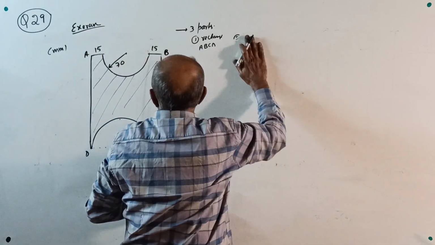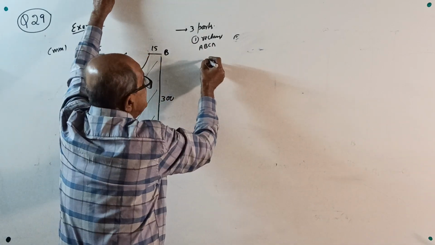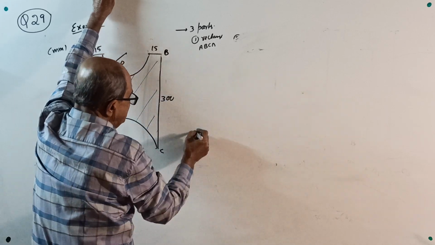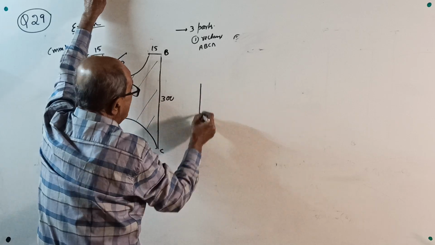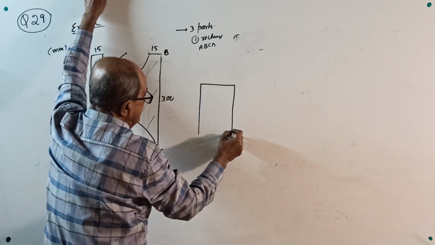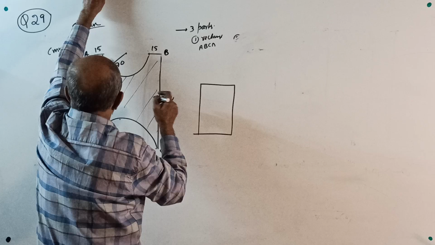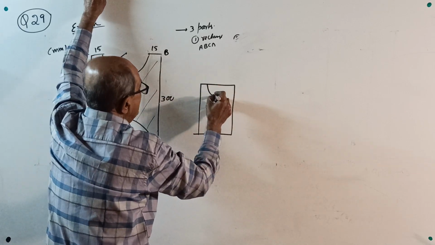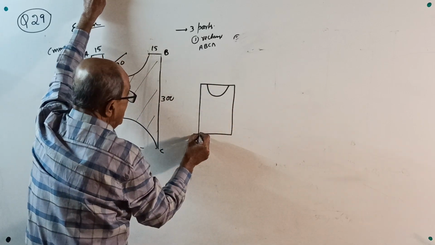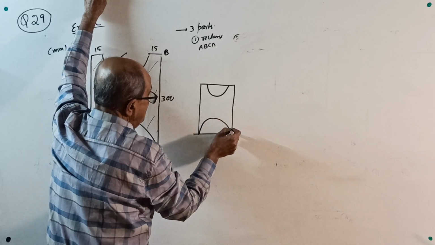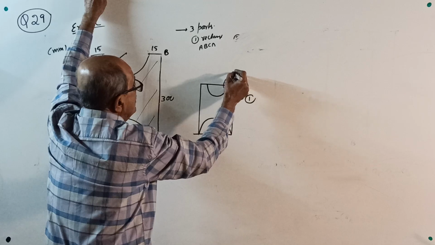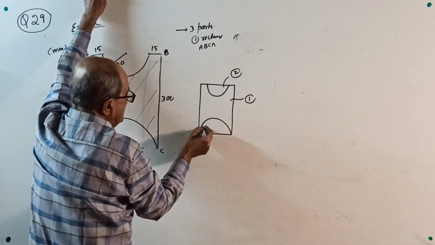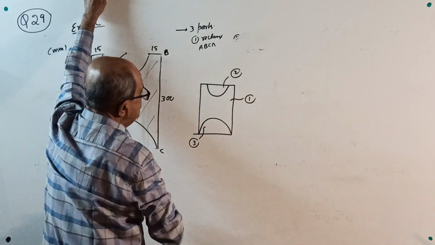Now write one more small sketch here, then I will remove it. One rectangle, then one part cut out here, one part cut out here. This is the rectangle; make it part 1. This cutout you make part 2. This cutout you make part 3. Any one you can take as 1, 2, 3.